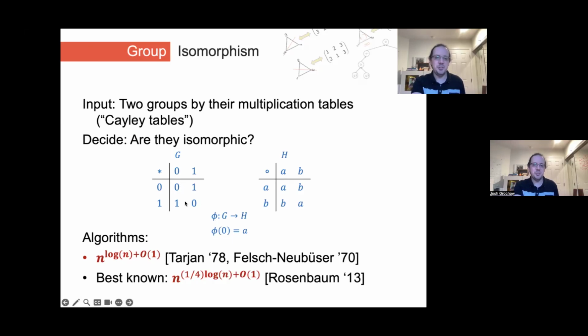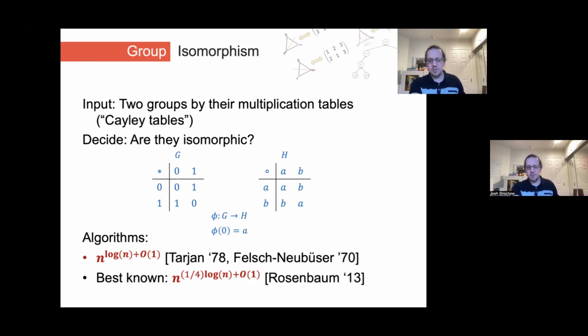This is the map G cross G to G. This is the map H cross H to H. And an isomorphism here is a function from G to H, which is a bijection and which sends one multiplication map to the other. So if I map 0 to A and 1 to B, you see these are really secretly the same multiplication table. I just renamed the elements, right? And that really is what isomorphism is.